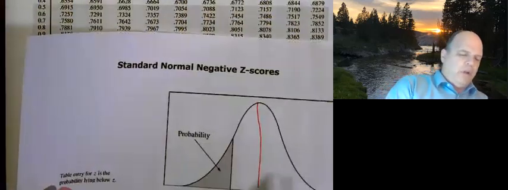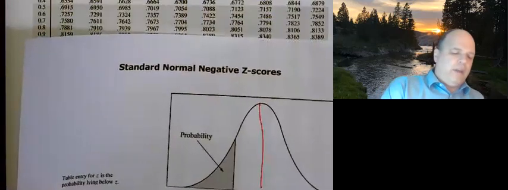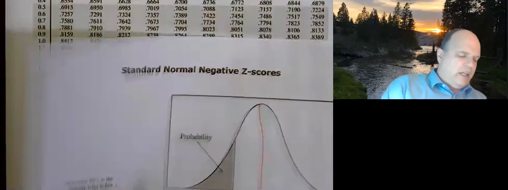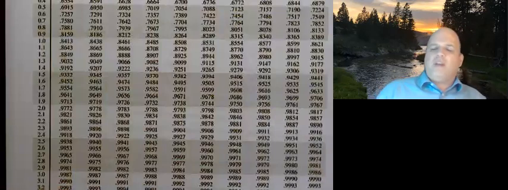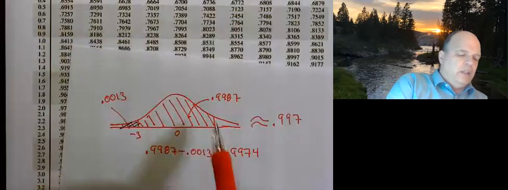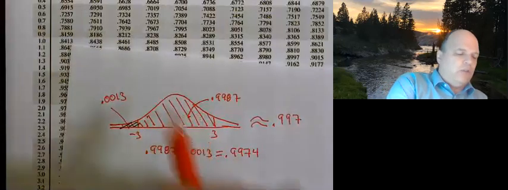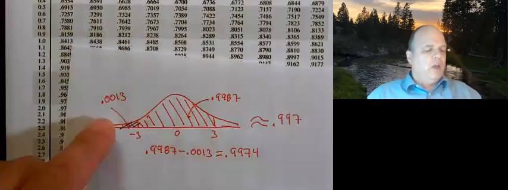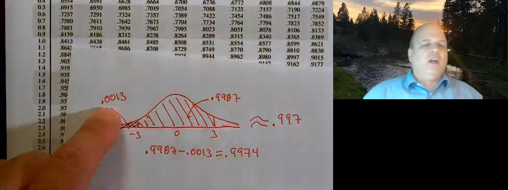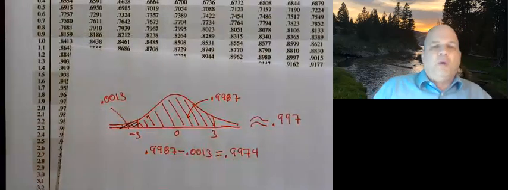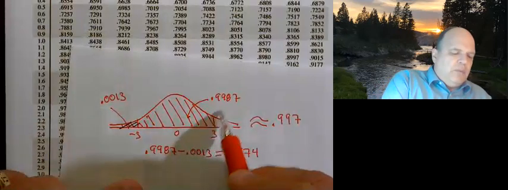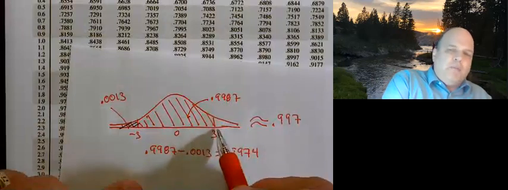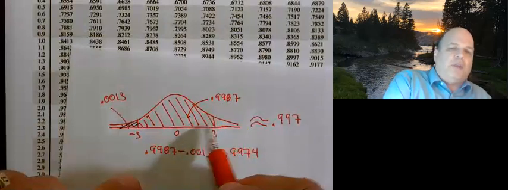What that tells me is that everything below 3 is 99.87%, or about 99.9% of the data lies below it. So these are percentile ranks. The table is percentile ranks. So 0.0013 means 0.13% of the data lies below -3, and 99.87% of the data lies below 3.